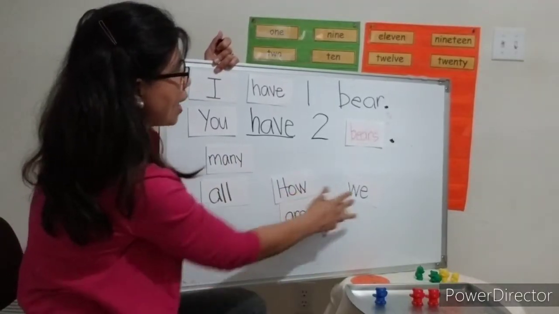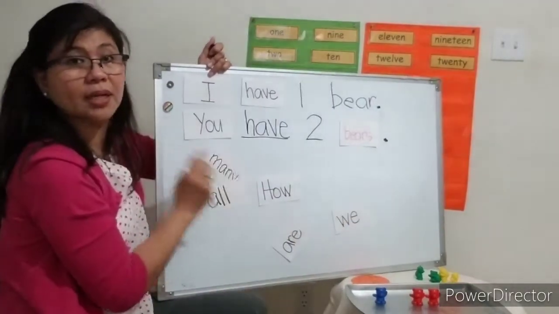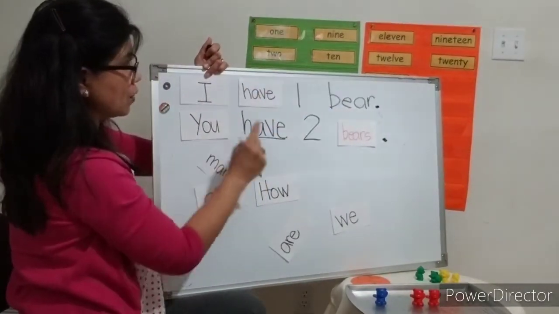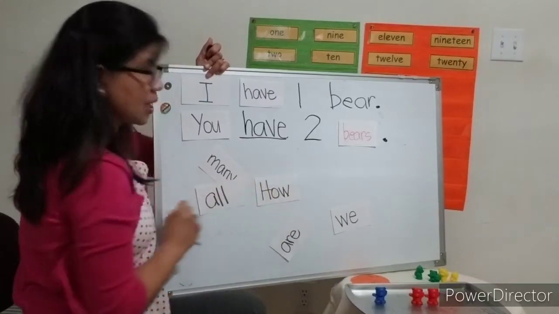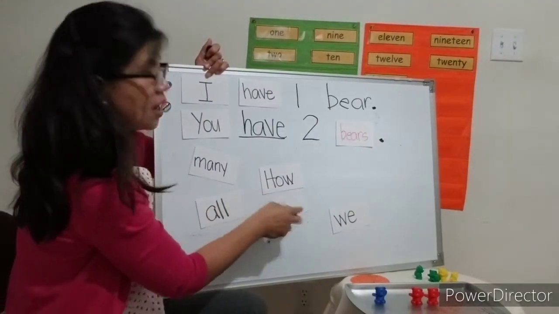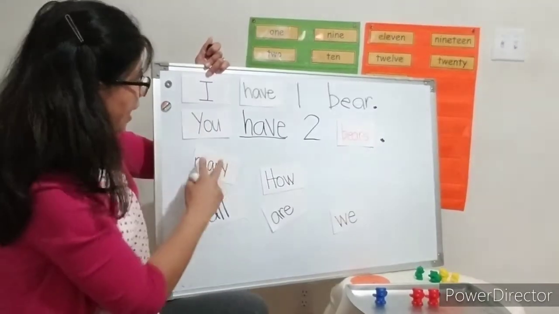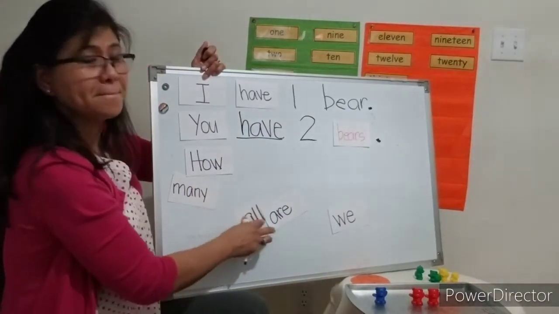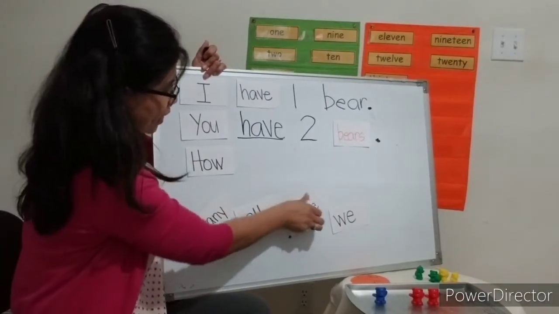Okay? Now, how do we end our story? We need a question. I have 1 bear. You have 2 bears. How many? Which one says how? The one that starts with H, okay? So there you go. How many? Which one do I need?